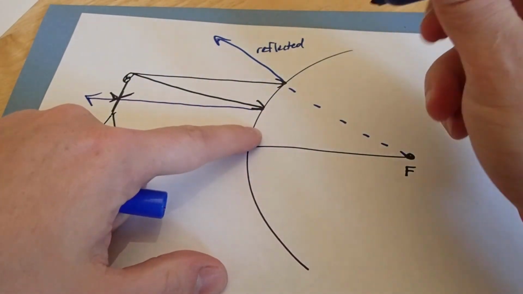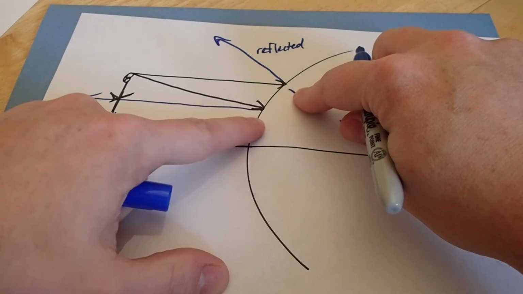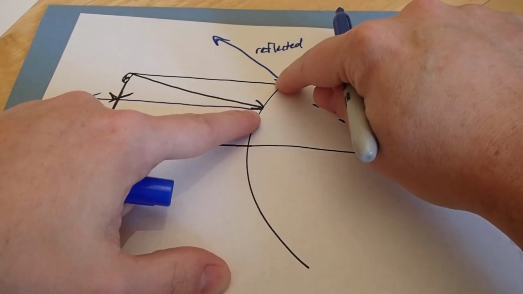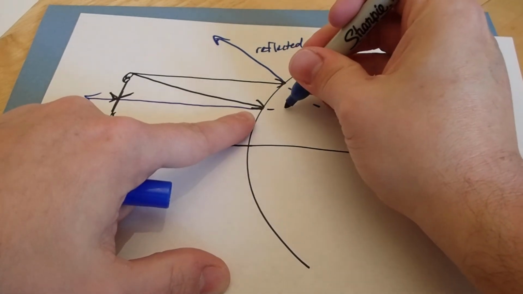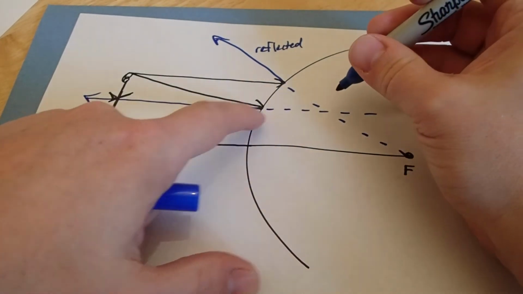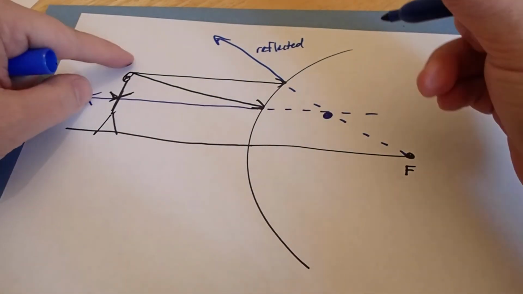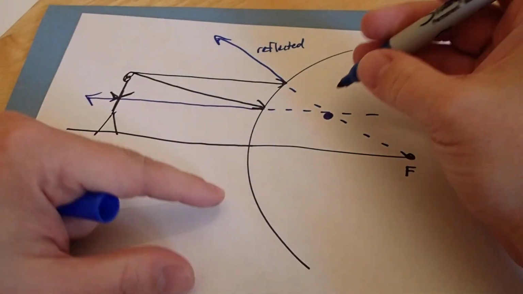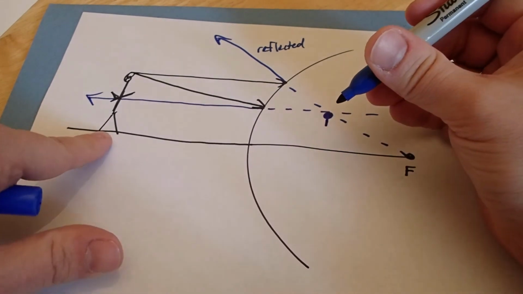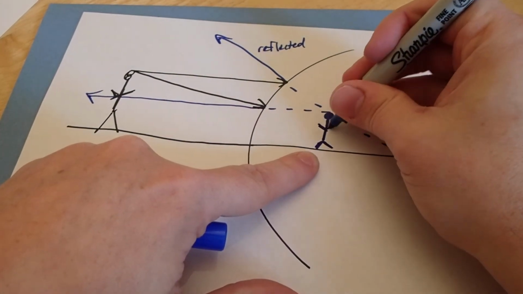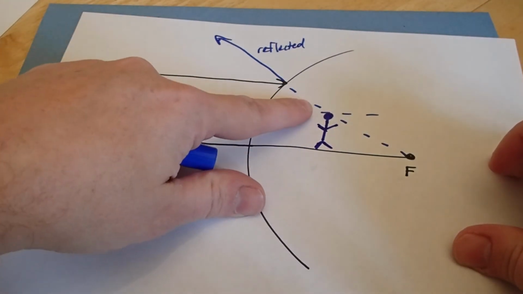But what they do, and this is what your brain does, this is why you can see your reflection in a mirror. Your brain says, well, I understand that this is where the light's coming from, but where does it look like it's coming from? And your brain backs it up and says it looks like it's coming from right there. And again, we started from the top of the head, so there's the top of the head. Okay? If the feet are on the axis, the feet are always going to be on the axis. Right? So there you go.